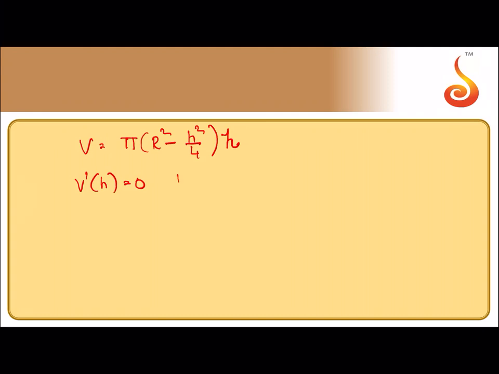So we put in the volume. So volume V equal to pi r square. Pi r square will give you how much? R square minus h square by 4 into h. So v dash h is equal to 0.